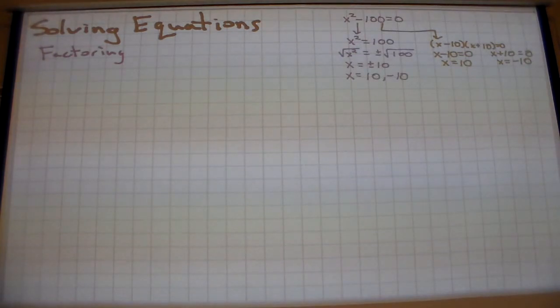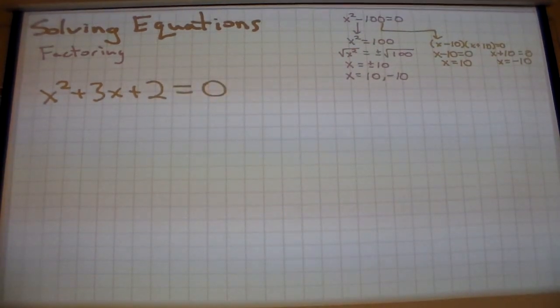Let's look now at x squared plus 3x plus 2 equals 0. Okay, we've jumped back a few weeks. We're back in our last chapter, and I asked you to factor that. You're looking at ways you can multiply to 2 and add to 3. 2 and 1. Perfect.